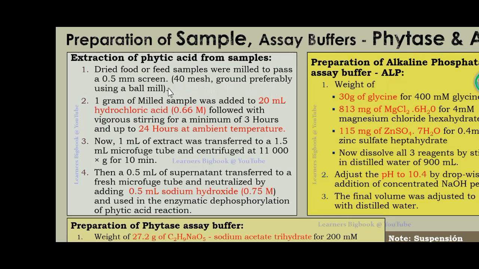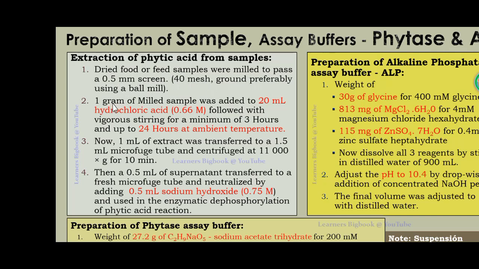If you are able to grind the sample very finely and pass it through the 0.5 millimeter screen in your lab, you can do that also. Whatever sample you get has to be 1 gram after the 0.5 millimeter screening.